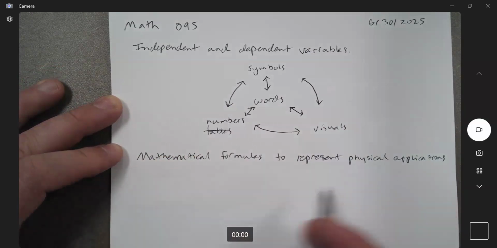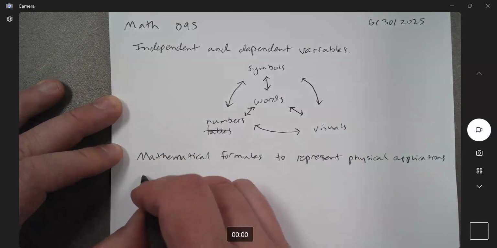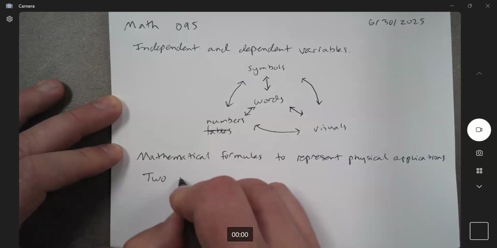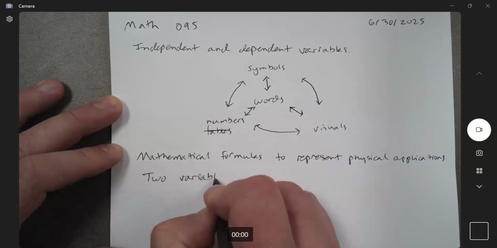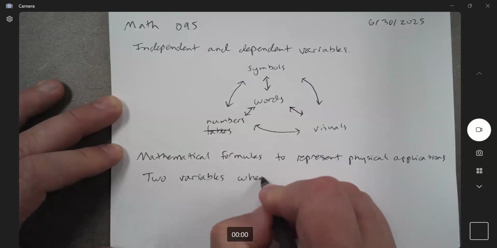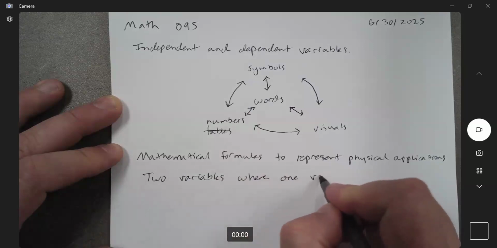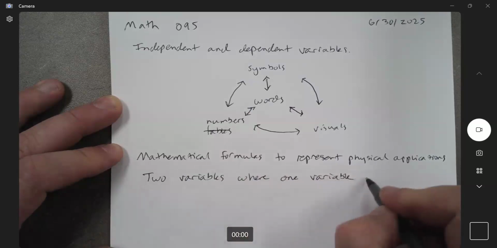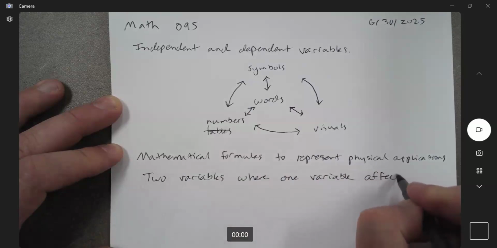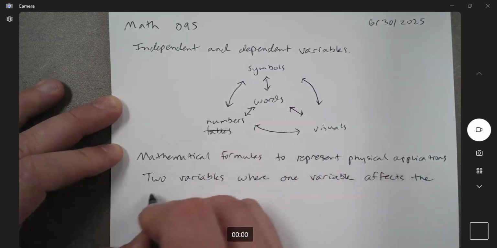And the way we do it is we imagine 2 variables where one variable affects the other.